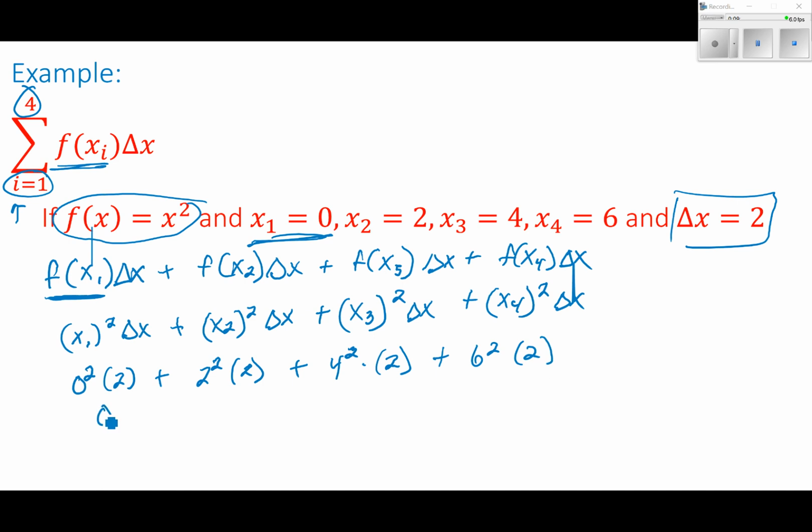If I work all this out, this is 0. 2 squared is 4, times 2 is 8, plus 32, plus 72.